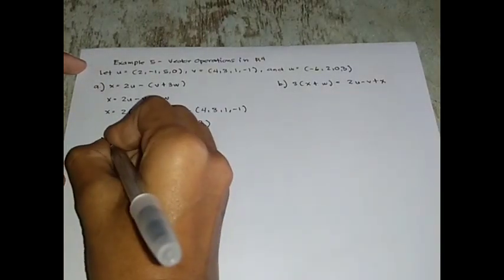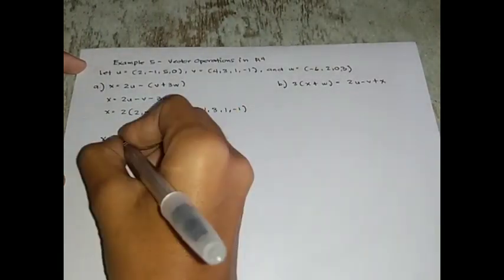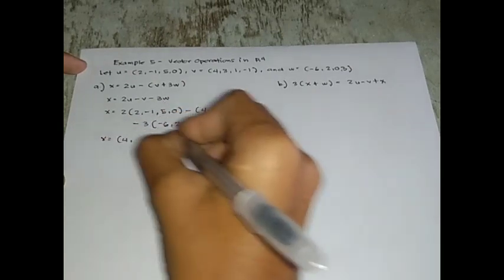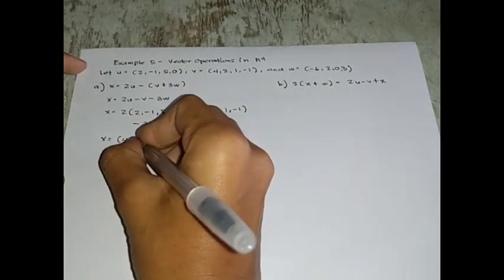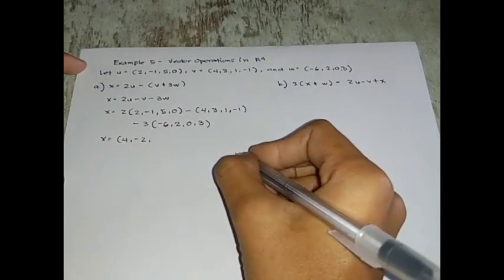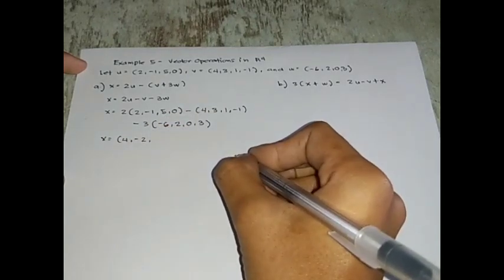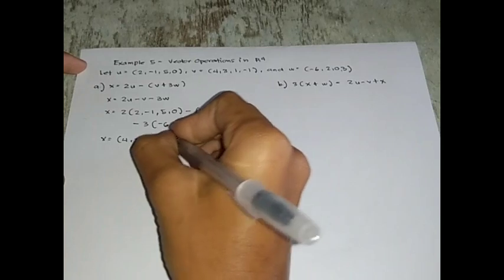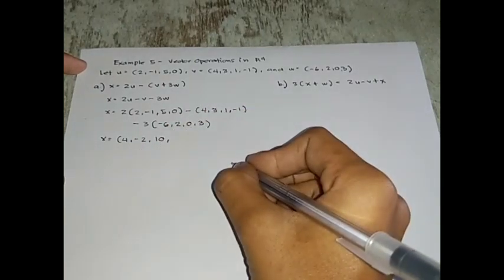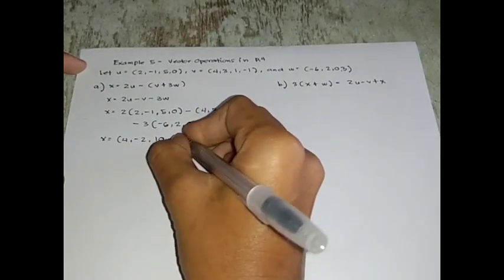So x is equal to 2 times 2 is equal to 4. 2 times negative 1 is equal to negative 2. 2 times 5 is equal to 10. And 2 times 0 is equal to 0.